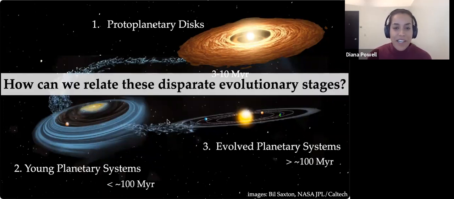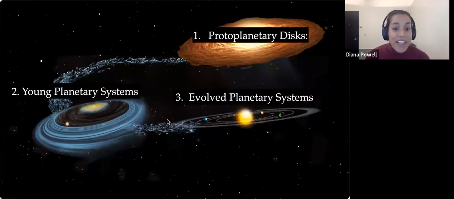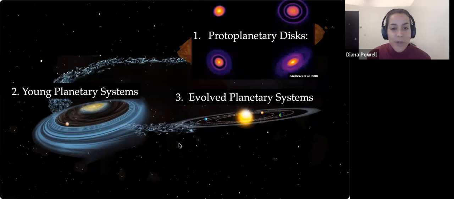But what I really want to know is, how can we relate these disparate evolutionary stages to learn about the formation, evolution, and nature of the full complement of planetary systems? And we're very lucky to be alive at a time where each of these stages of planetary evolution is undergoing an observational revolution. So we have these unprecedented observations of each of these evolutionary stages. So we can observe protoplanetary disks, such as the disks observed in high resolution shown here.